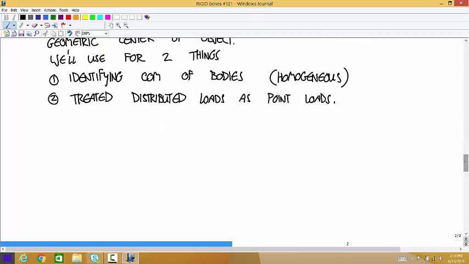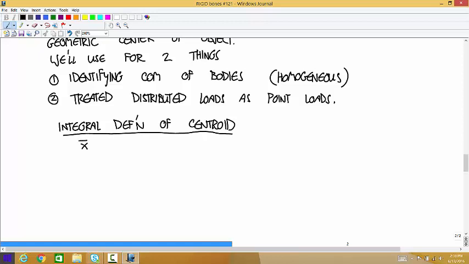And the integral definition of the centroid. We're just going to do centroid problems in 2D.